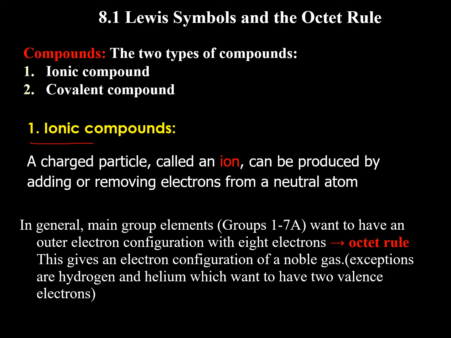We still want to maintain the octet rule, which means we want 8 electrons on the outside. And we'll talk about some examples in a few moments. There are some exceptions, of course, which we'll talk about later in the chapter. Also hydrogen and helium prefer 2 electrons on the outside.